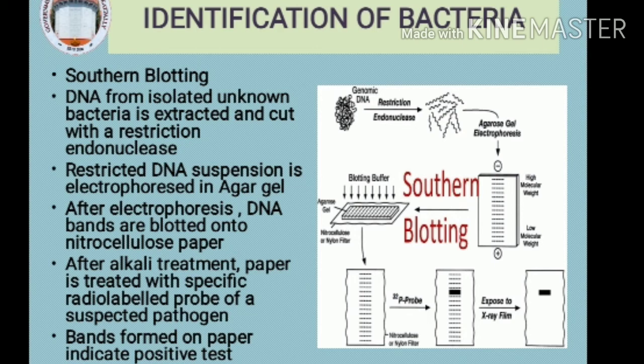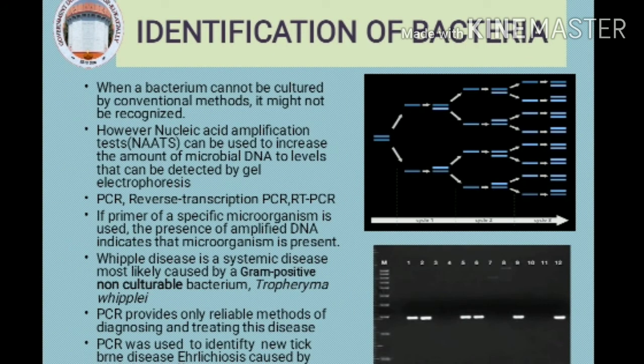Using the specific radio-labeled probes, the specific sequences in the DNA of the bacterial pathogen are identified. When a bacterium cannot be cultured by conventional methods, it becomes difficult to recognize the bacteria. However, there are some molecular methods to detect uncultured bacteria.